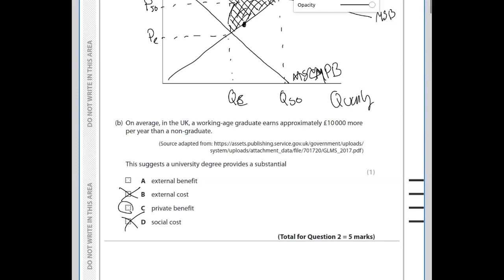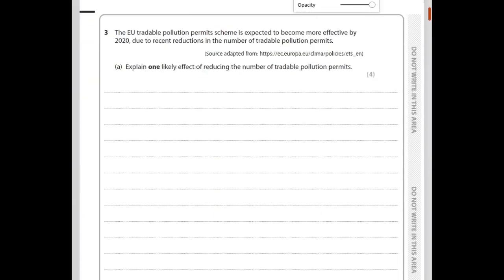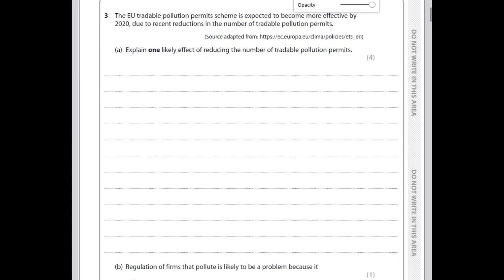So that is a private benefit. This is basically the reason why people go to university, right? So you can think of external benefits as happening to people who are not directly involved in the transaction, the buyer or the seller, and the private benefits are benefits for the consumer.